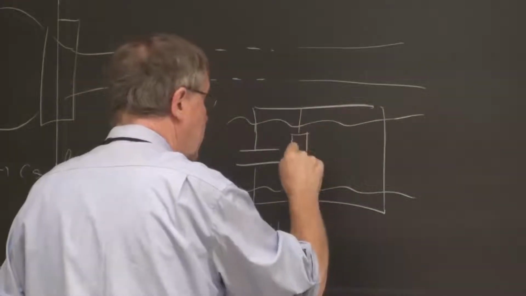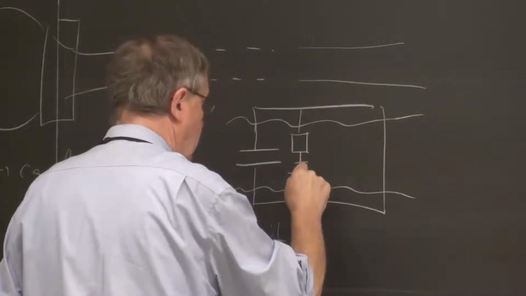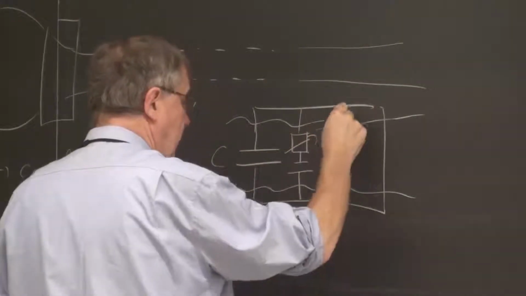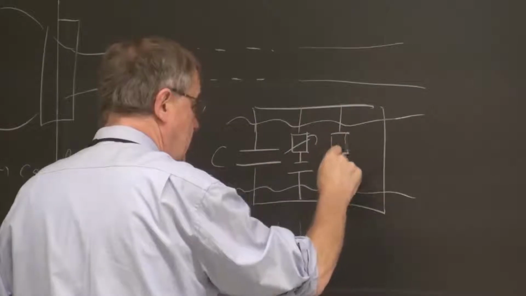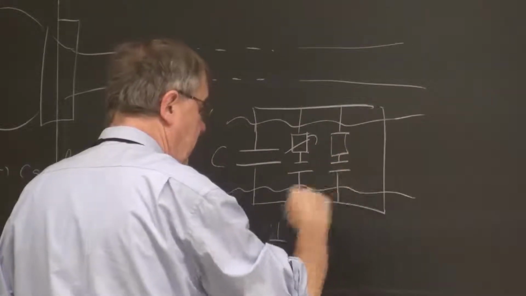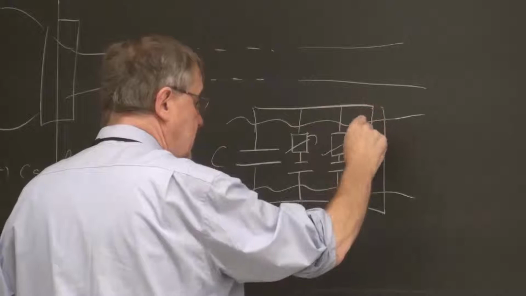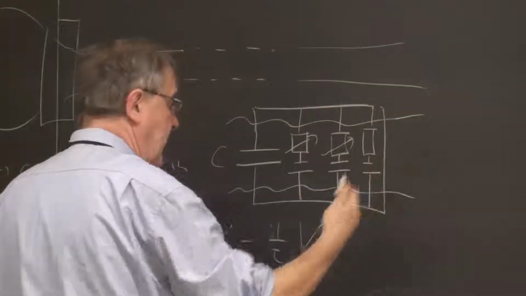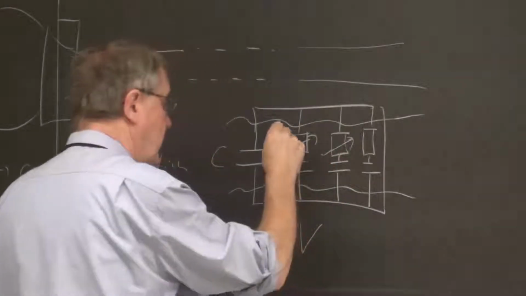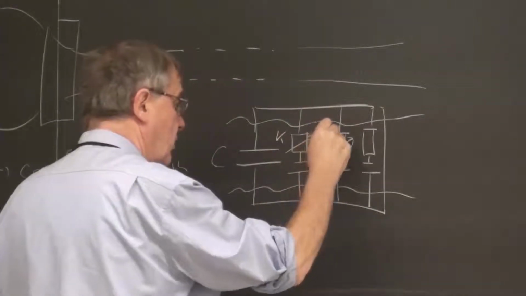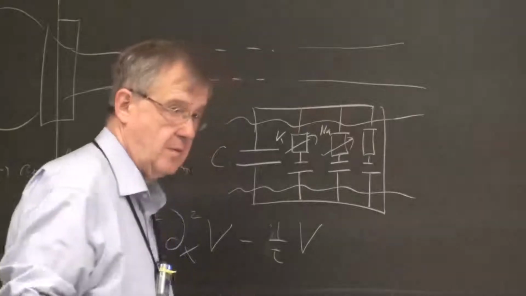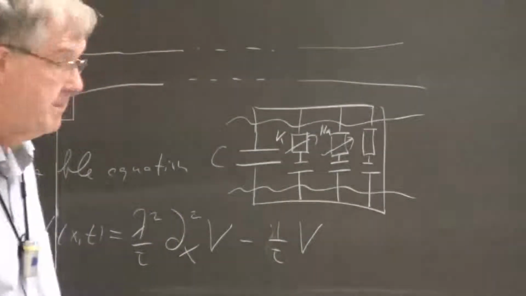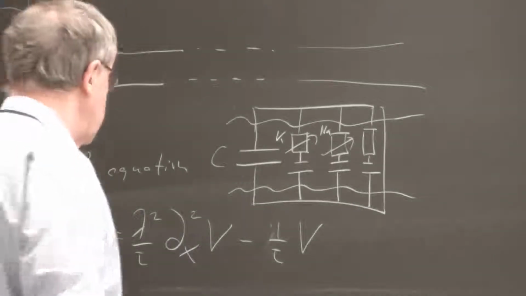I don't want to draw all the details here. I don't write the labels anymore. They're just the same as in the other diagram. But these conductivities here, except for the one for the remaining ions, these two for the potassium and for the sodium ion, these conductivities are changing in time as a function of the voltage.